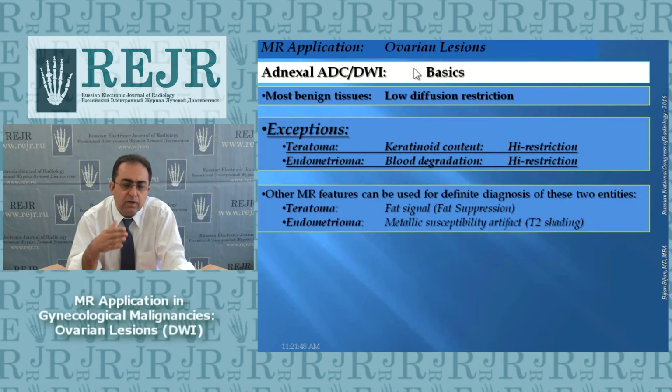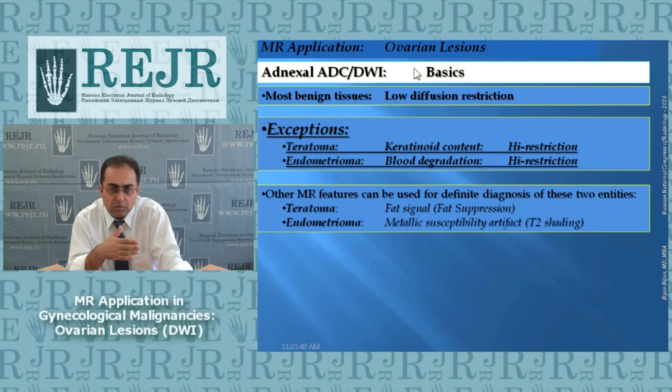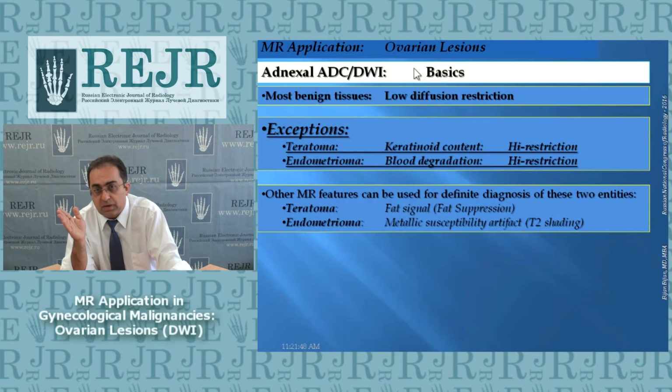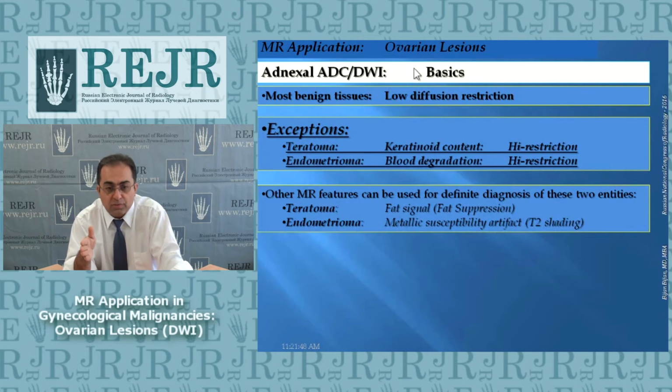But this is not one of the really downsides of MRI. We can diagnose both of them with very good accuracy using other MRI parameters. So we don't trust our DWI for this. You have to look at your other sequences. For teratoma, it's very easy.